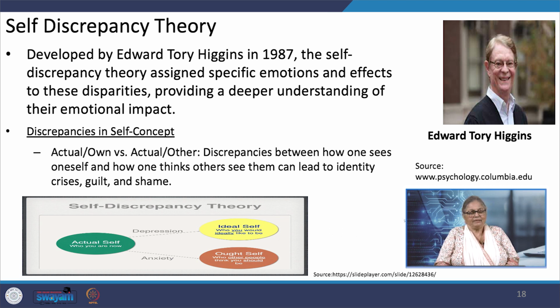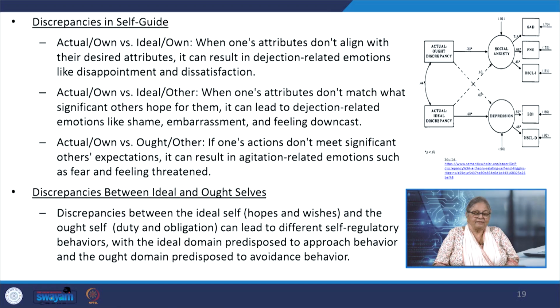So, there may be initially discrepancies in self concept, actual own versus actual other. Discrepancies between how one sees oneself and how one thinks others see them can lead to identity crisis, guilt, and shame. There may be discrepancies in self guide, actual own versus ideal own.